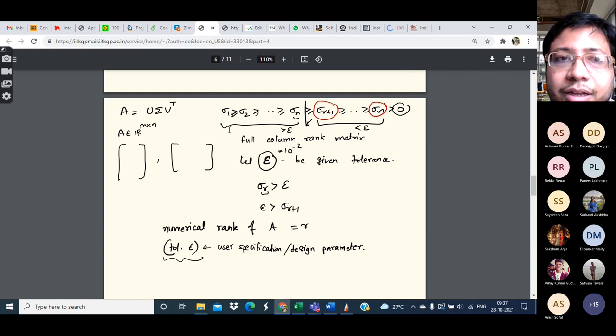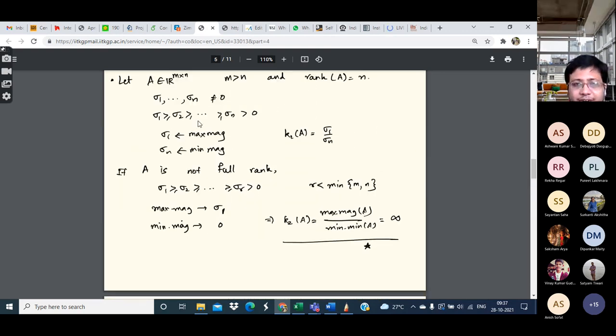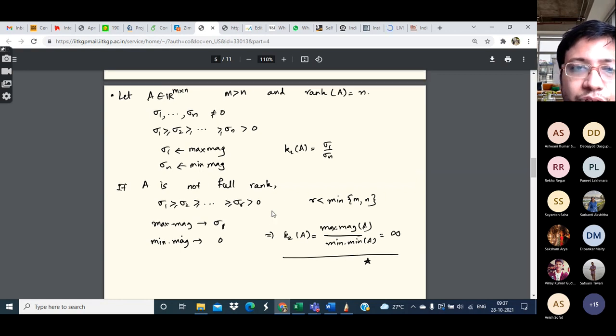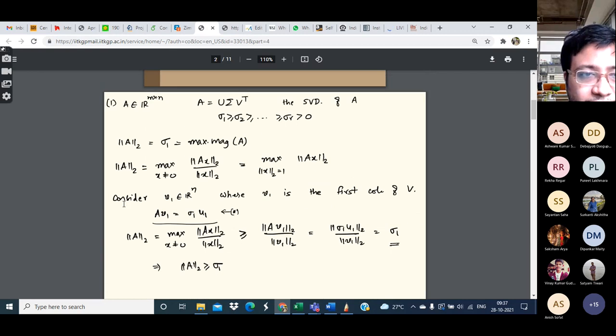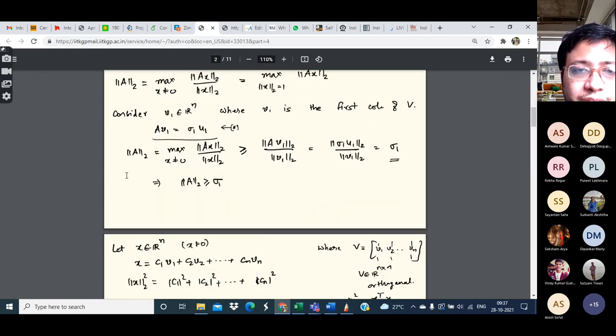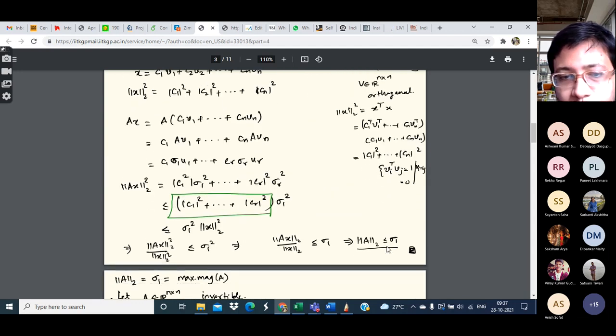So this is basically what we covered: a few important results and definitions related to the SVD. Just to recapitulate quickly, we defined the 2-norm or the operator norm of the matrix, and we showed that the operator norm of the matrix is equal to its first singular value sigma 1.